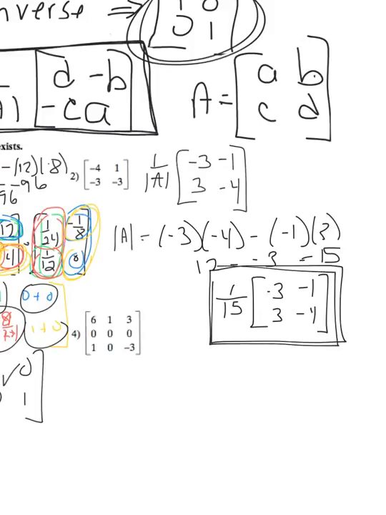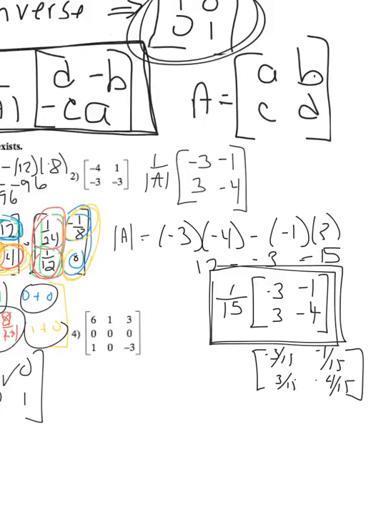A lot of times, if you were doing this on a computer, they would multiply in the 1/15. So negative 3/15, negative 1/15, 3/15, and negative 4/15.